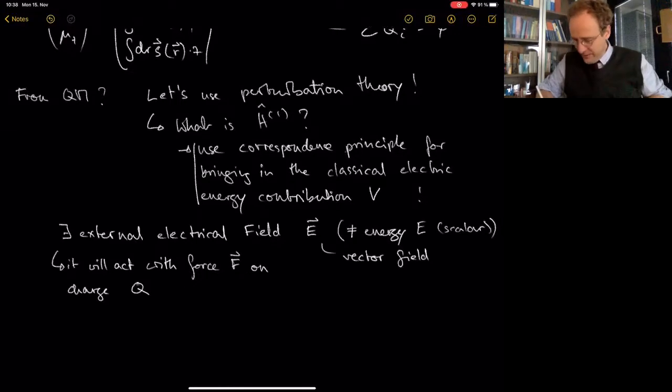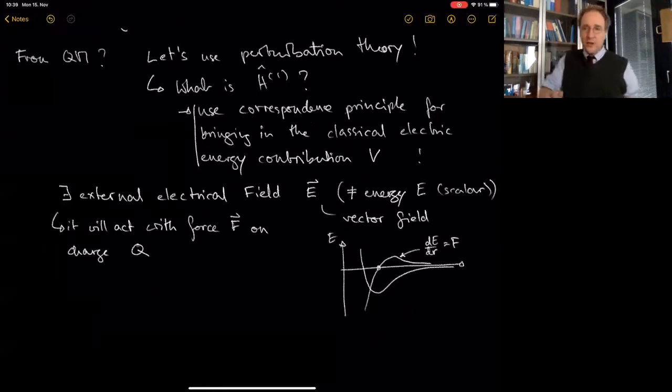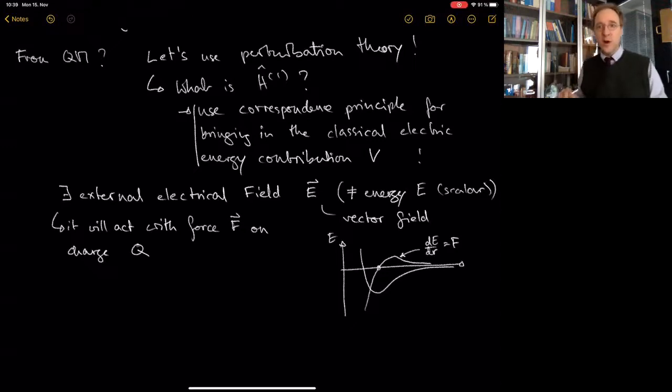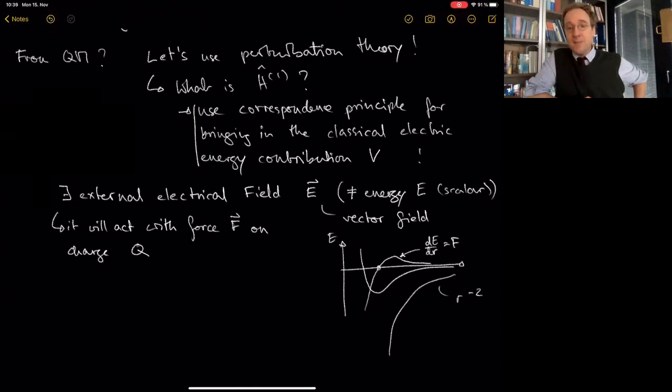The force of a covalent bond would be something where you look at the binding energy, the familiar way, and then you look at its derivative, dE dr, its force. That's the interatomic covalent force. Now the force on your charge Q is a Coulombic force, 1 over r squared. That's the electrical force. It's a completely different force, and a priori, these two forces have nothing to do with each other. They result from different physics. Fundamentally they are all related because at the end of the day it's all electromagnetism, but they come from different terms.